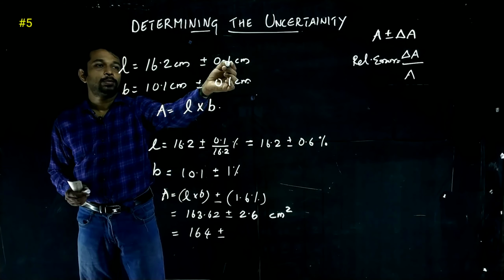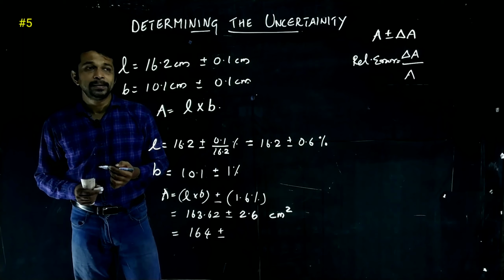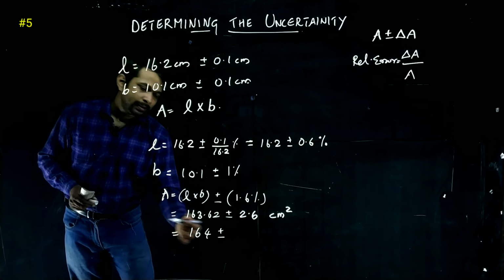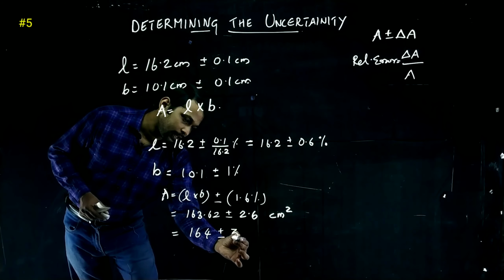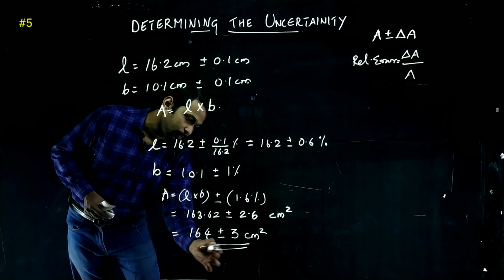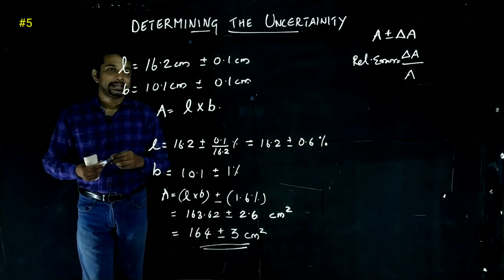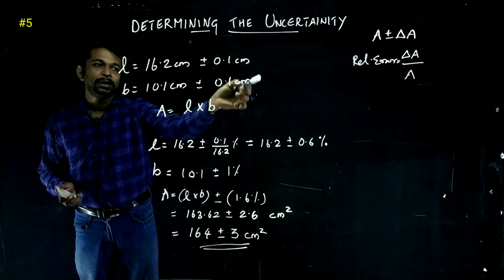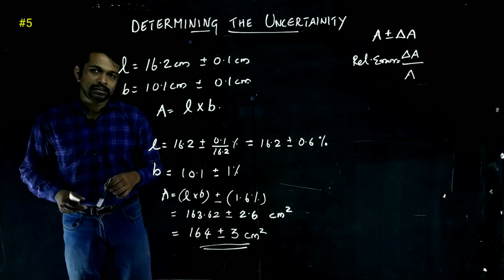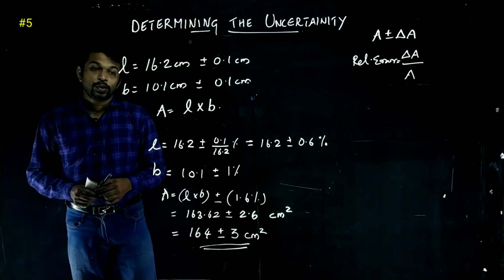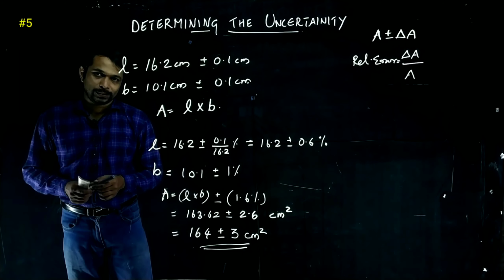Now here also, only one significant figure in the error part. Here also we have to put only one significant figure, which means this one will come 164 plus or minus 3 centimeter square. Now just note, only 0.1 centimeter error in the length and breadth has got converted into 3 centimeter square when you are multiplying the values.